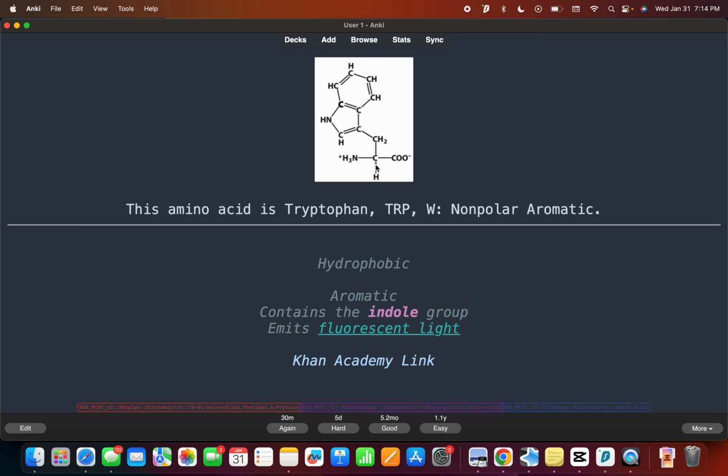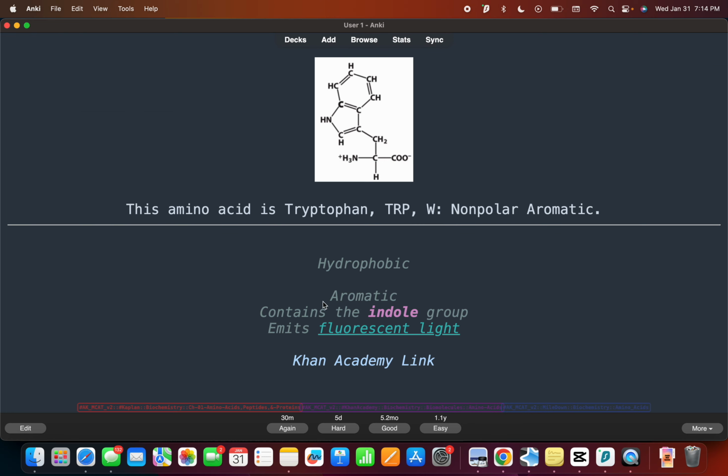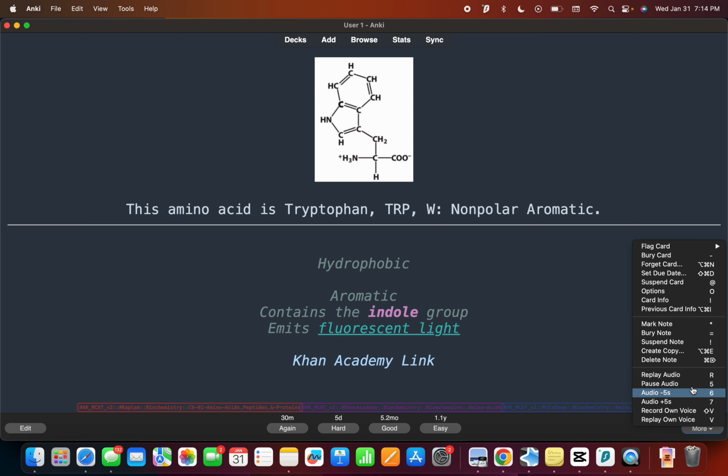It's aromatic. Indole group emits fluorescent light. And if you remember which one absorbed UV light, it was phenylalanine, right? So you can flag this one too.